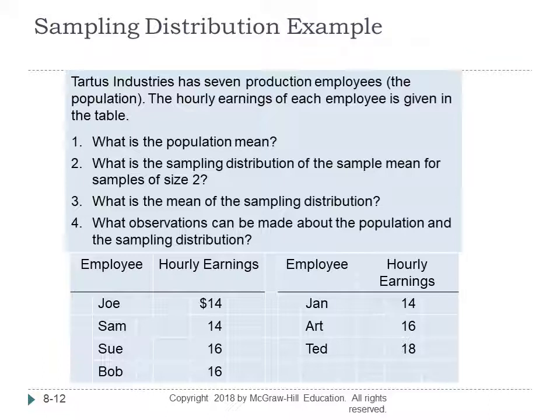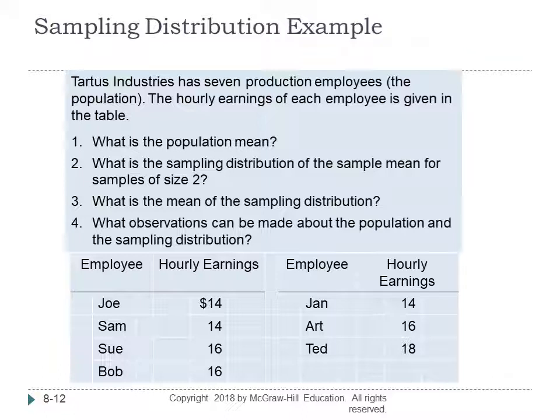In this case, we want to look at the sampling distribution of the sample mean for sample size 2. Consider every possible sample that has size 2 and calculate the mean for that distribution.